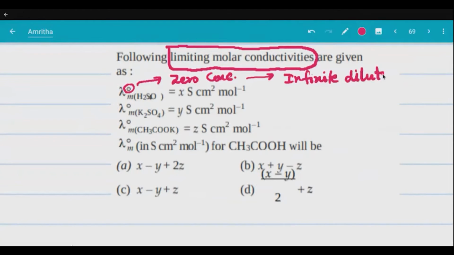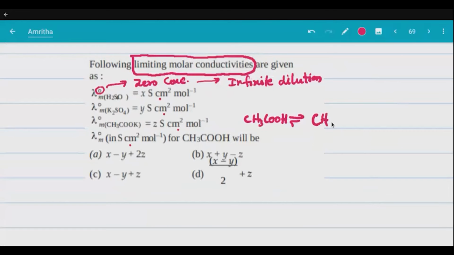Infinite dilution. So H2SO4 is given, K2SO4 is given, potassium acetate is given. What they are asking is acetic acid in the same units. Just make sure units are the same; yes, same units. What you have to do first: what are the ions in acetic acid? We write the dissociation: CH3COO minus plus H plus.